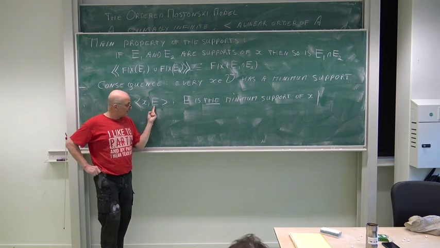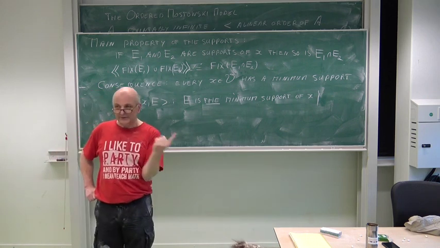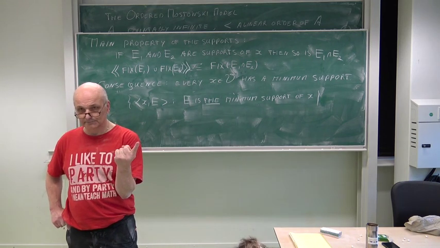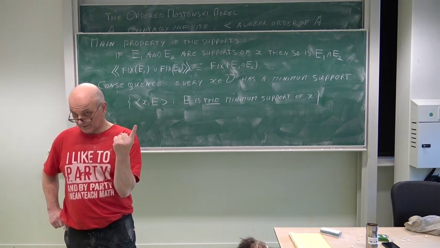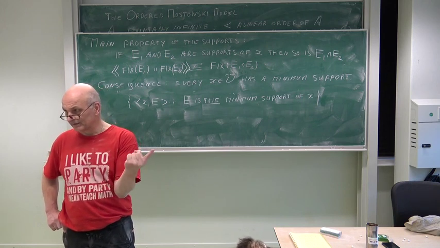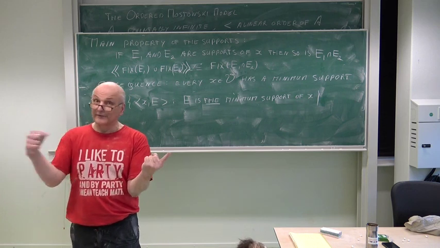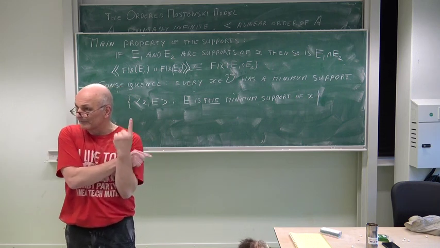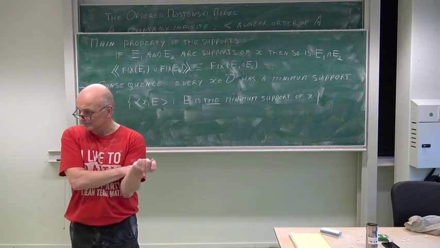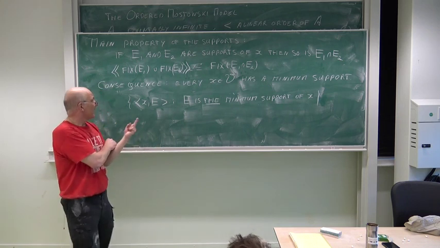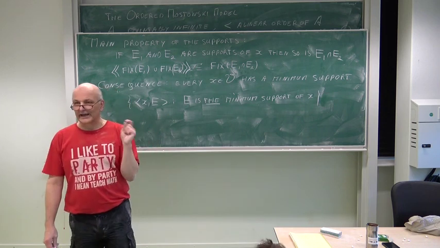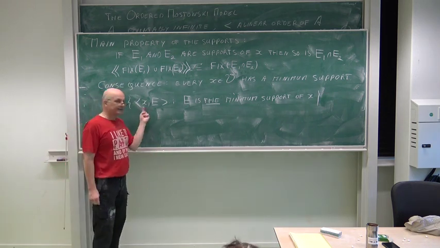The family of finite subsets of A has a linear order. Lexicographic. You take their characteristic functions, you look at the first place where they differ. Because of finiteness, there's always a first place, and 0 or 1 tells you which one comes first. Next step, I can take for every X its orbit.